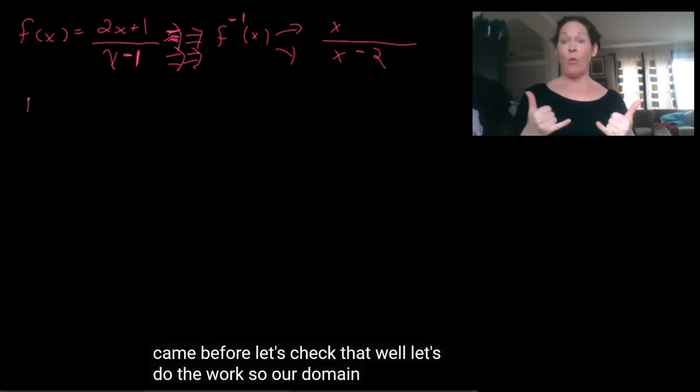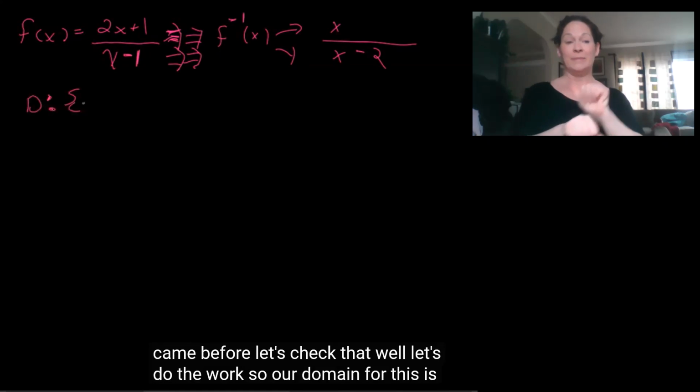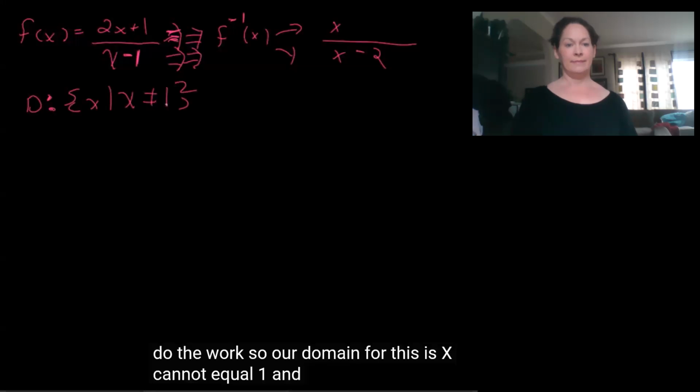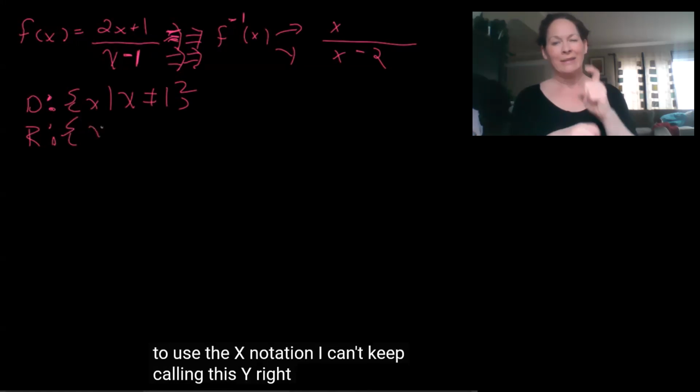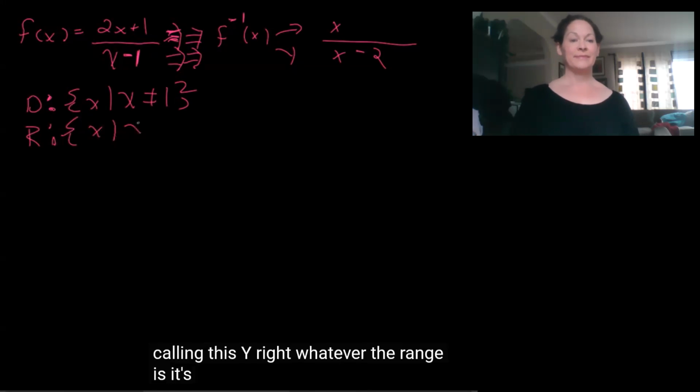So our domain for this is x cannot equal 1. And on our range, I have to use the x notation. I can't keep calling this y, right? Whatever the range is, it's not going to equal 2.